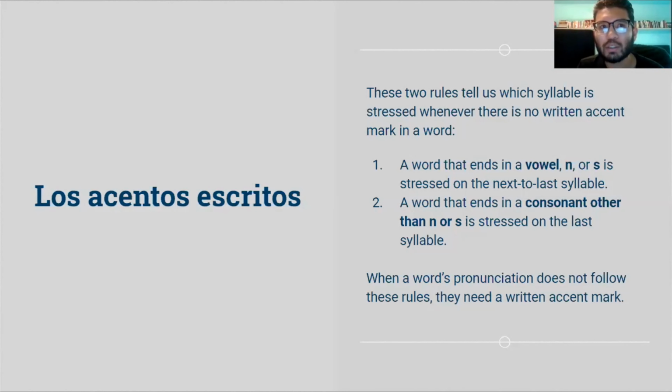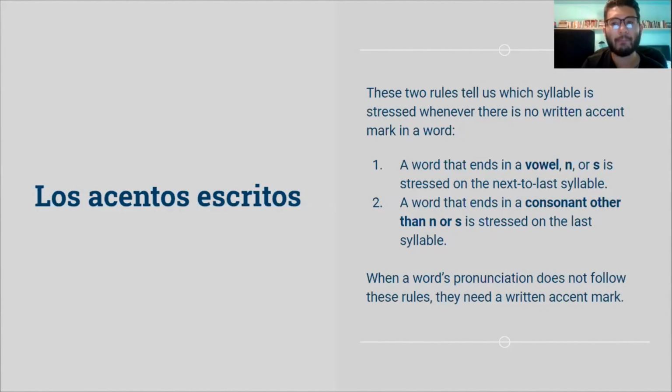One way to make sure that we understand where the emphasis is when we hear a word is if we present alternative examples. When we say a word like acentos, we are not saying acentos with a different emphasis, we are saying acentos.